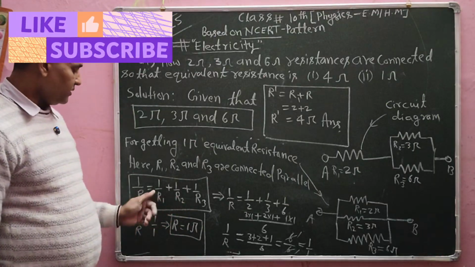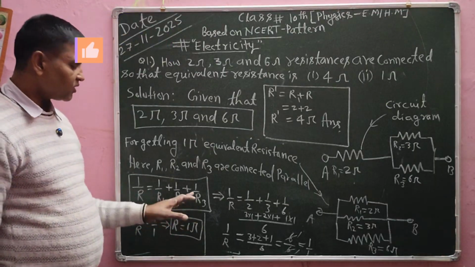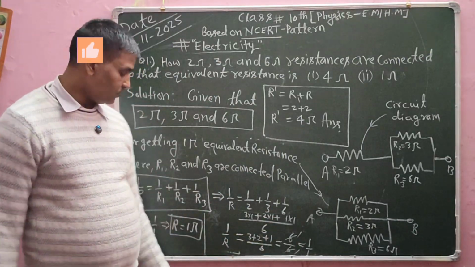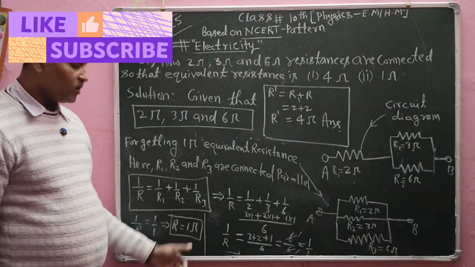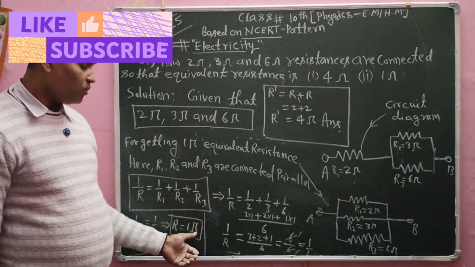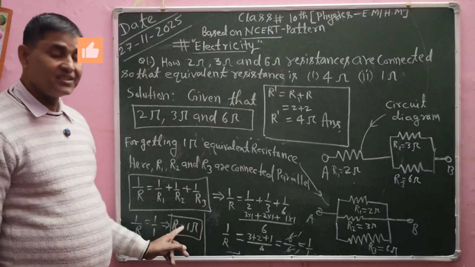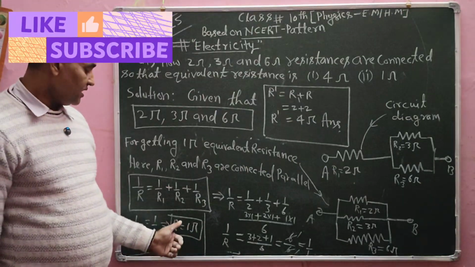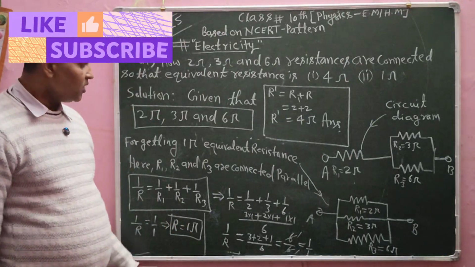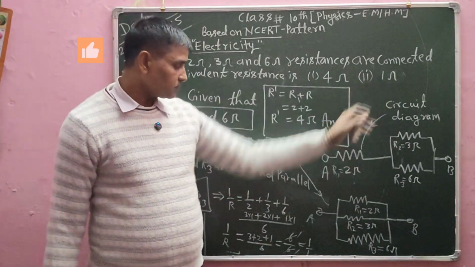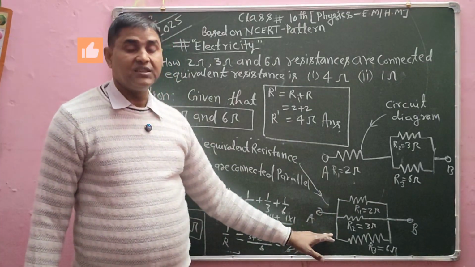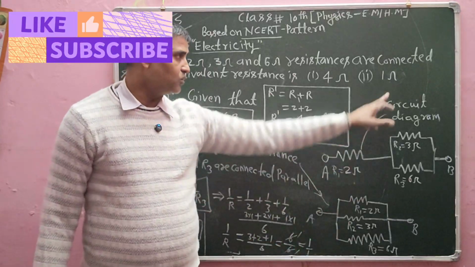Now I substitute the values of R1, R2 and R3 in this formula, simplify, and get the value 1. Ohm is the unit of equivalent resistance. So this circuit diagram is giving equivalent resistance equal to 1 ohm.